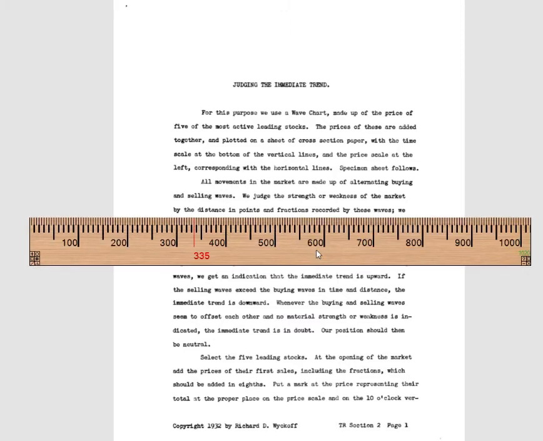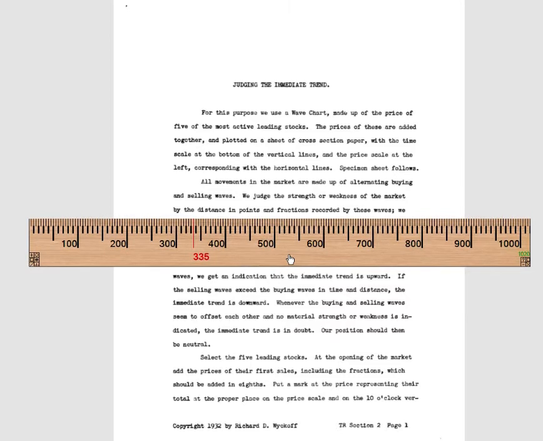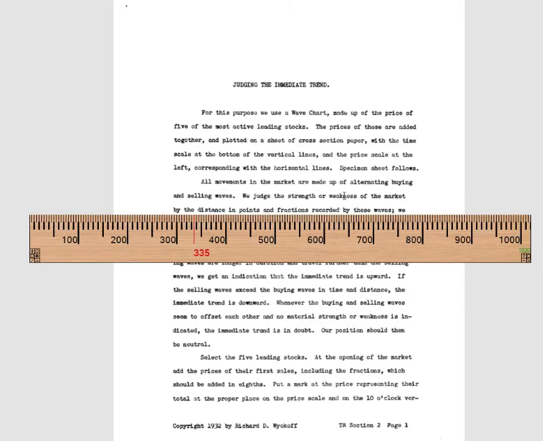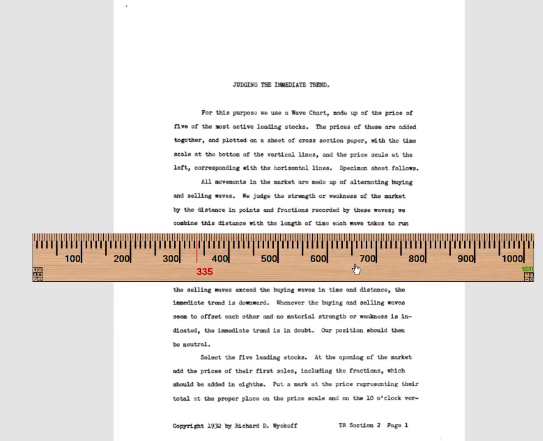You judge the strength by how much it goes up or down. If it goes up a lot, then you judge that it's strong. If it goes down, it's weak, right? The quantity of how much it goes up or down is the factor we're looking at. So distance in points going up or down tells you strength and weakness.